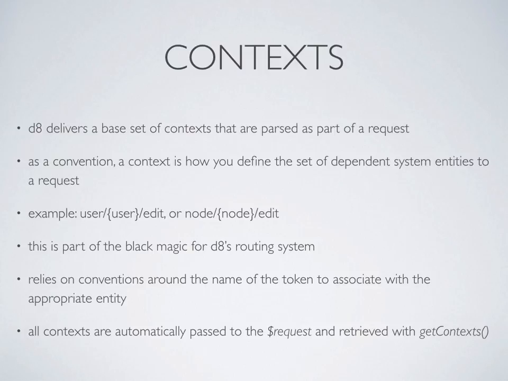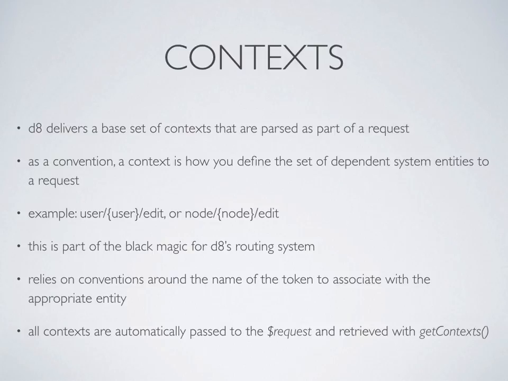A great example: you've got user, and then you've got this token, right? Edit. So this would be like user 3 edit, user 4 edit, right? But the idea is that this user thing, which is kind of a token, is meant to respond to a user entity. There is black magic that has all of these things defined in a list.